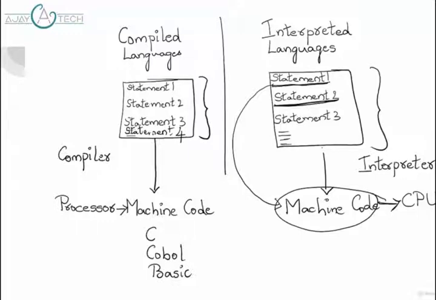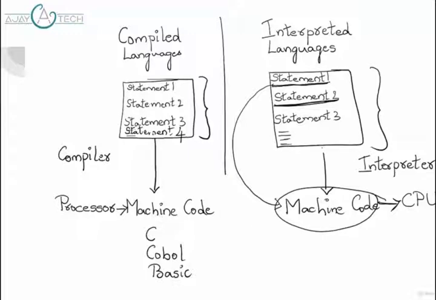In case of compiled languages, the bugs are reported after the entire program has been compiled. So, since an interpreter translates code into machine code instruction by instruction, they are much slower to execute than the same program that has been completely compiled.